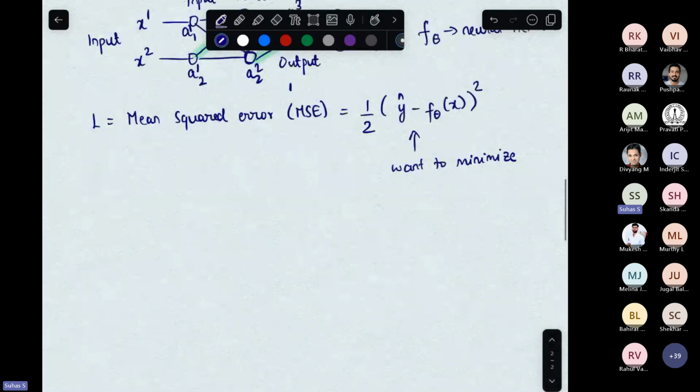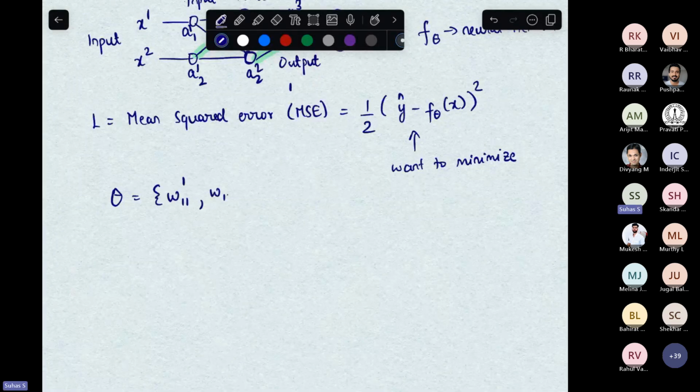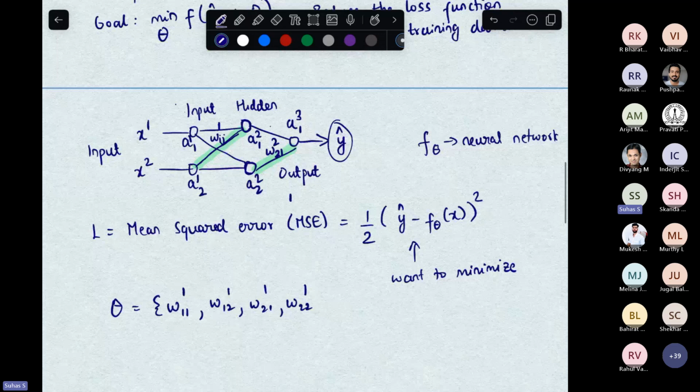So I'll write theta as W11 of 1, W12 of 1, W21 of 1, W22 of 1. If you look here, this is going to be W22 of 1. This weight connecting this is going to be W21 of 1. This is going to be W11 of 1.